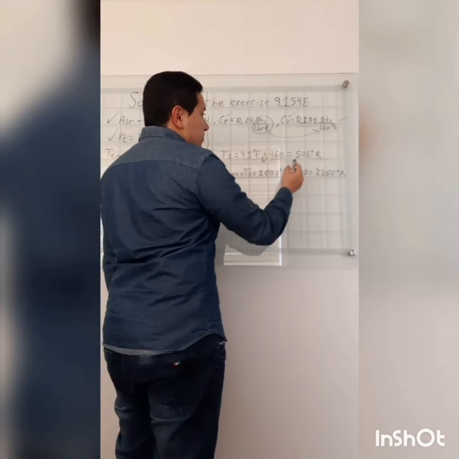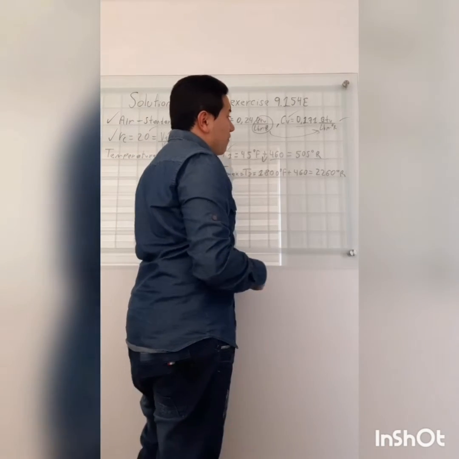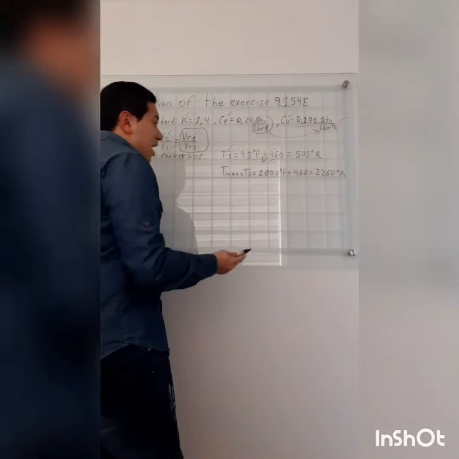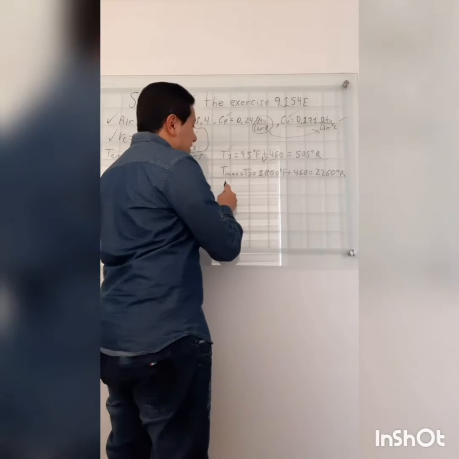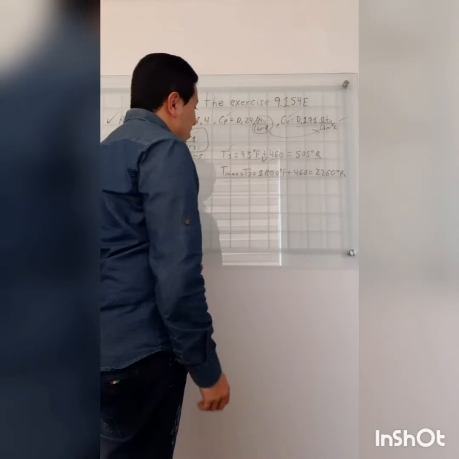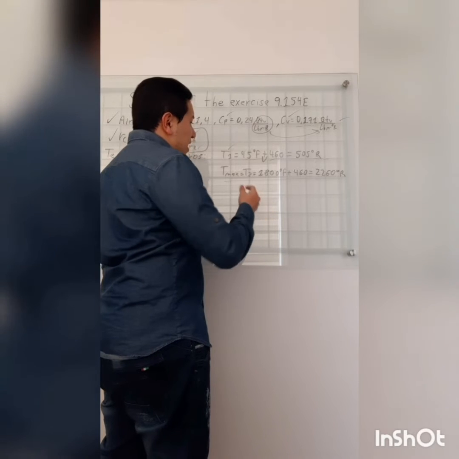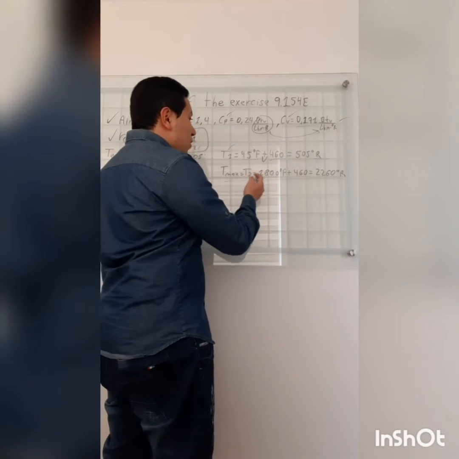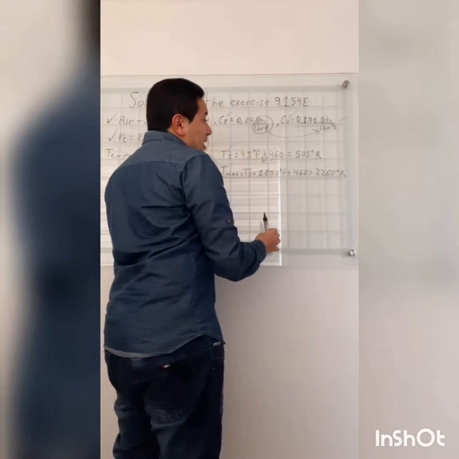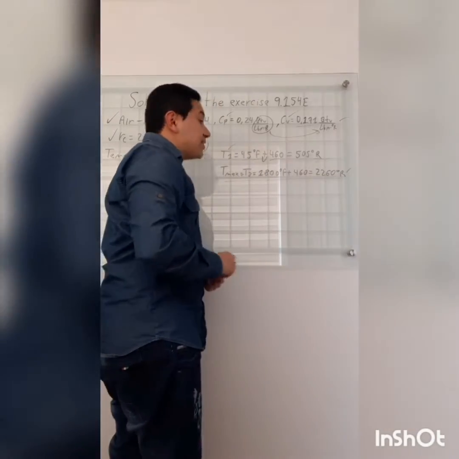And with this conversion, this temperature is equal to 505 Rankine degrees. And the same process with this temperature. The maximum temperature, remember, I named this temperature T3, equal to this conversion, and the result is 2260 Rankine degrees.